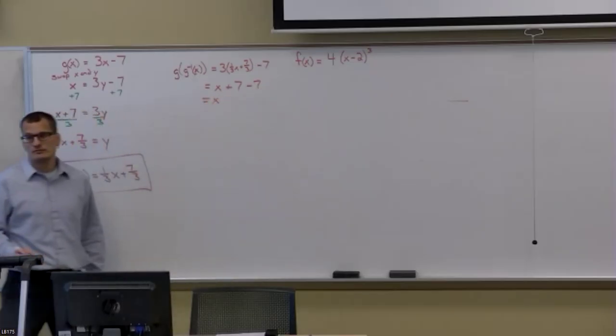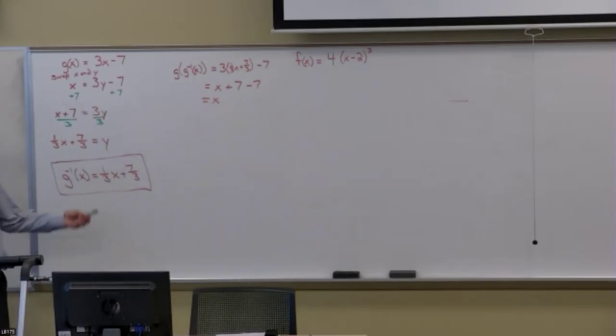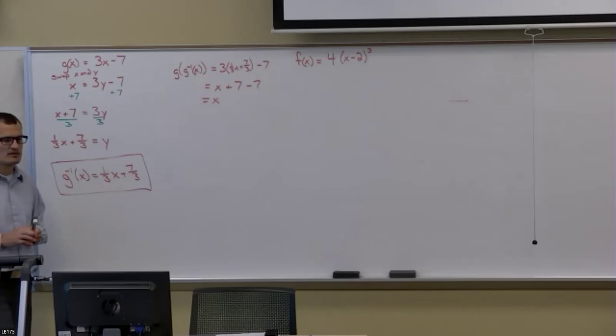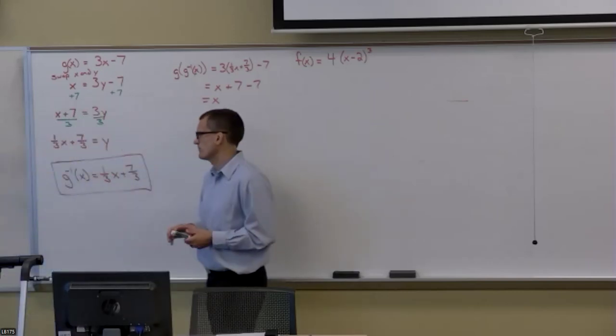Sure enough, when I compose g with what I just found, I get the identity function. And if you did it the other way as well, if you did g inverse composed with g, you'd also get the identity function. I won't go through that.